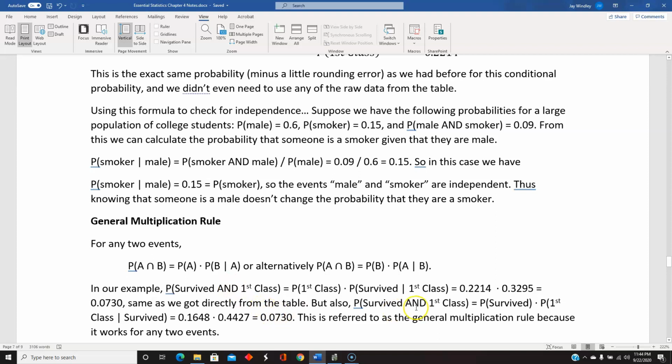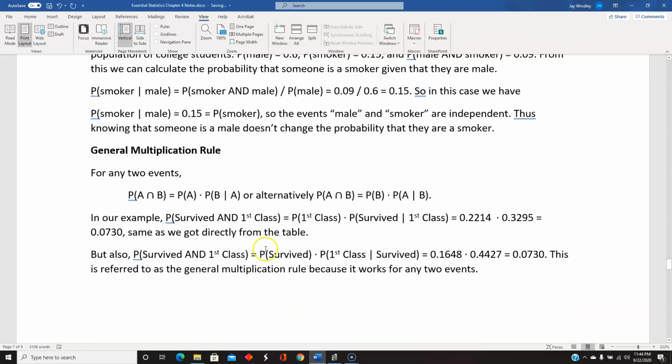And also, changing which one I do here, survived and first class could also be written as the probability of survived times the probability of first class given that someone survived. And in this case, we're multiplying two different probabilities, but we still get a product of 0.07.